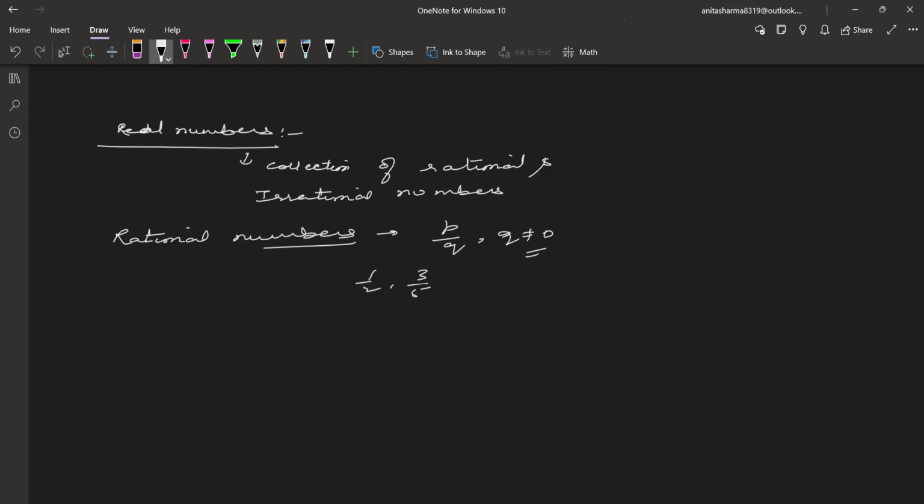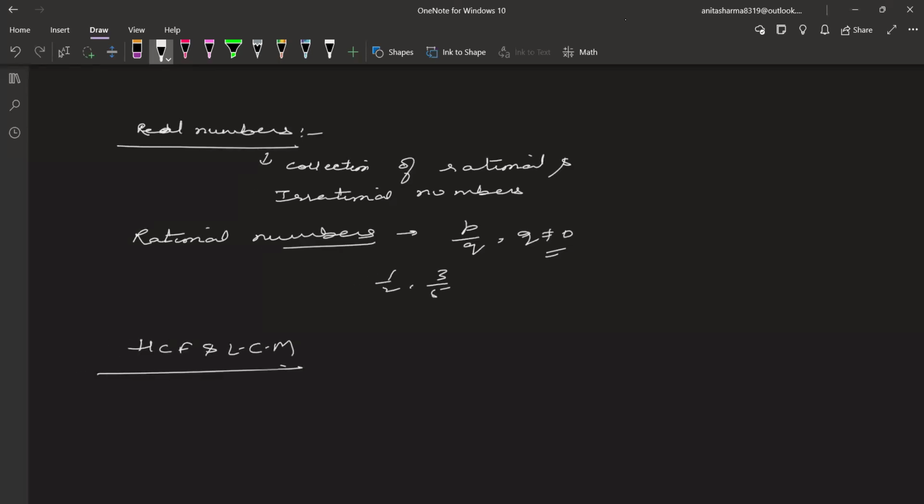So now the first topic in this is to find the HCF and LCM. Suppose if two numbers are given, A and B, then the product of these two numbers should be equal to HCF into LCM.